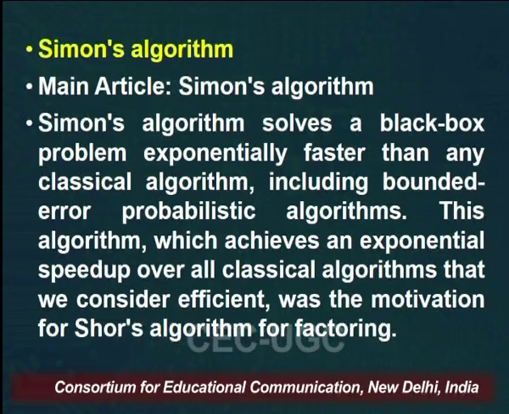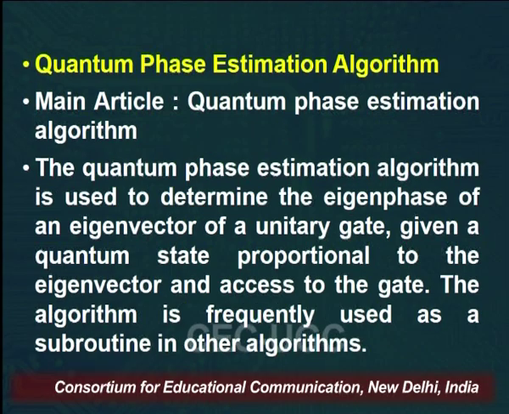Another is Simon's algorithm, which solves a black box problem exponentially faster than any classical algorithm, including bounded-error probabilistic algorithms. This algorithm achieves an exponential speedup over all the classical approaches that we consider efficient, and it was the motivation for Shor's algorithm for factoring.